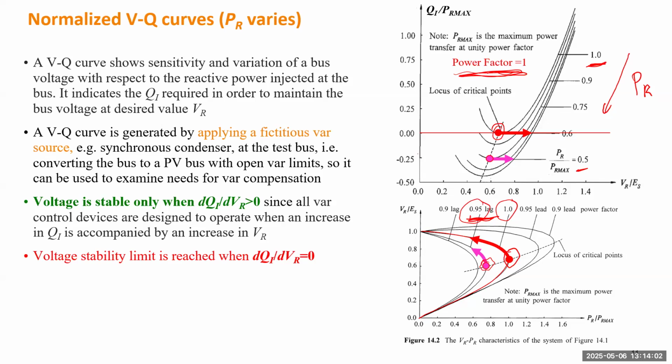That additional reactive load, if you do the calculation, is about 0.25 per unit. So draw a line, and it will indicate the operating condition moving along this negative 0.25 per unit reactive power condition.